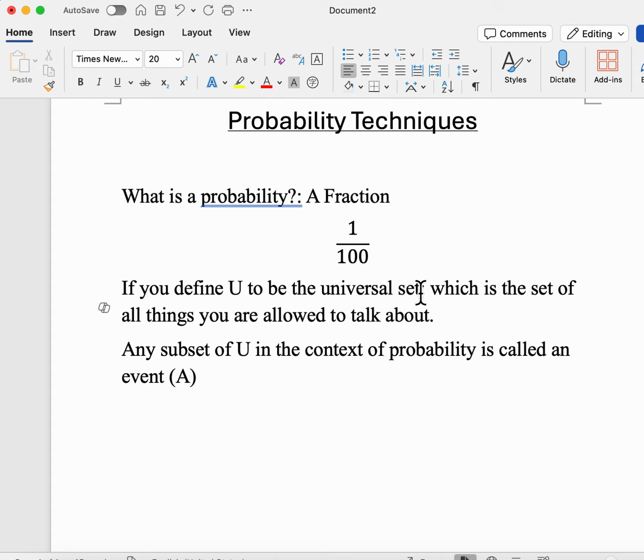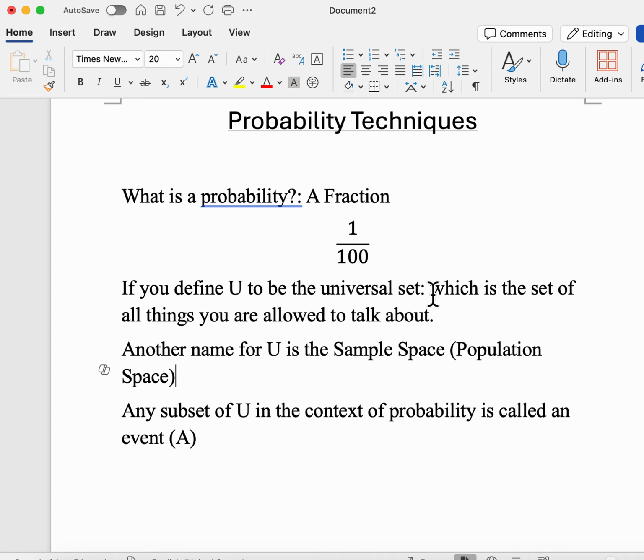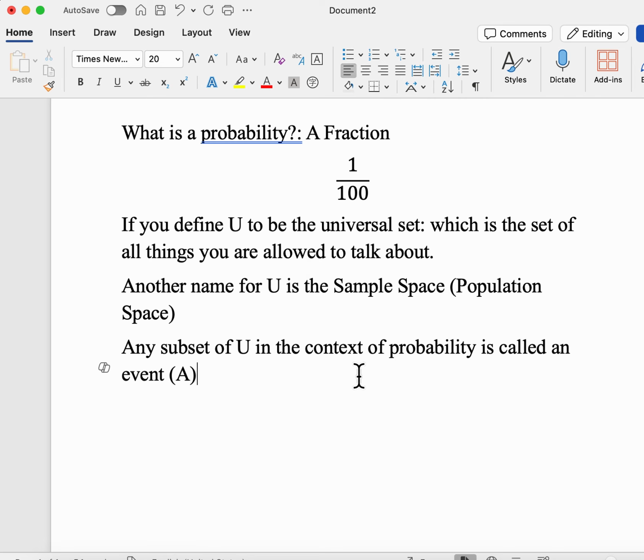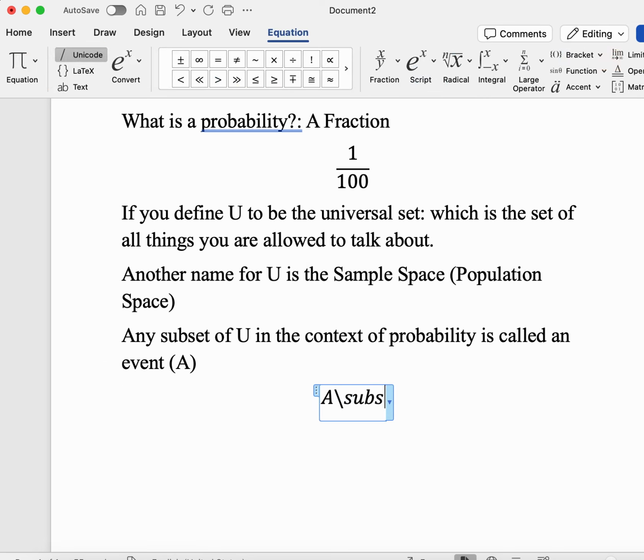Oh yes, this universal set is sometimes called the sample space as well. So another name for U is the sample space. I really prefer to call it a population space, but well, we live in a society with systems and conventions. Anyhow, so A is a subset of U, written like this.